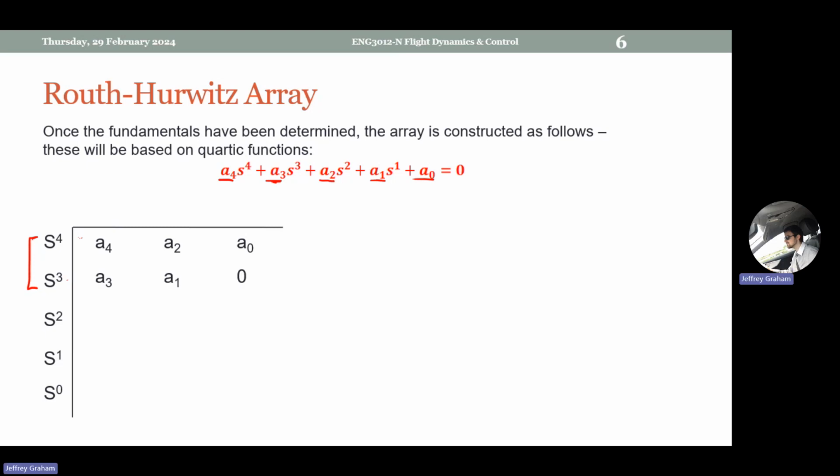Right, you can see in the cubic we've got that value, that one, we skip the term, there's nothing there, so it automatically fills in 0. Okay, the rest of the array fills in like this. We have a B term, a C term, and a D term for each corresponding row.